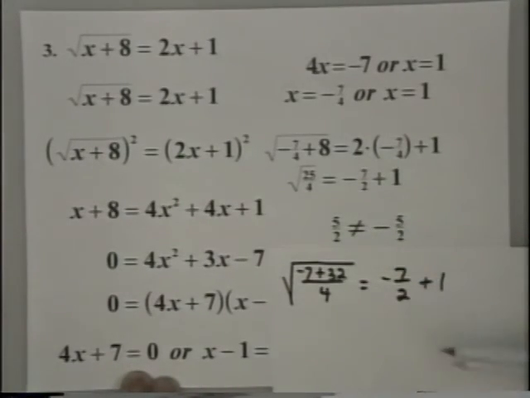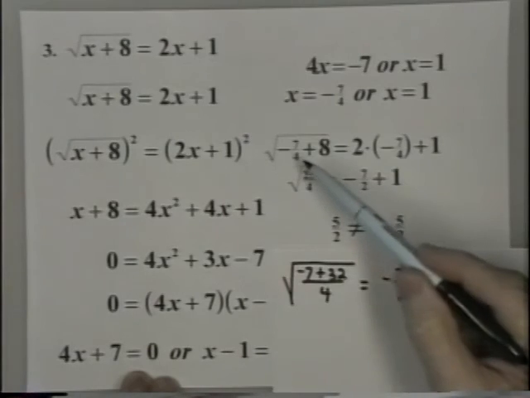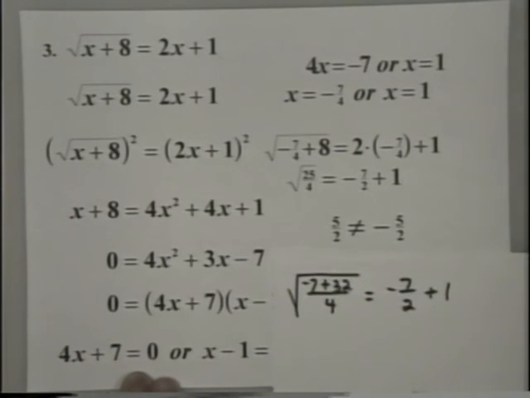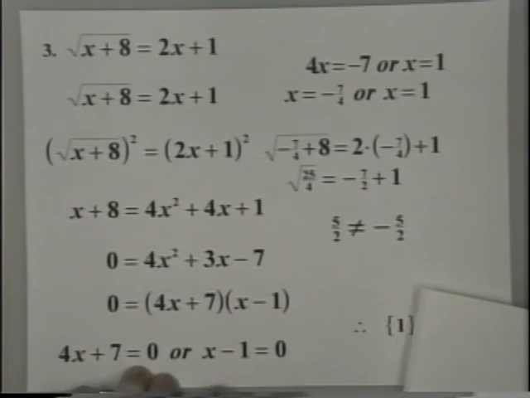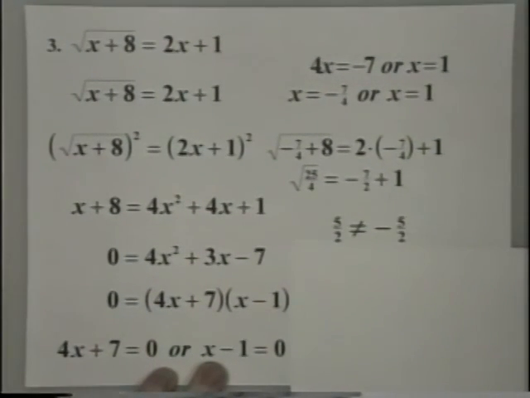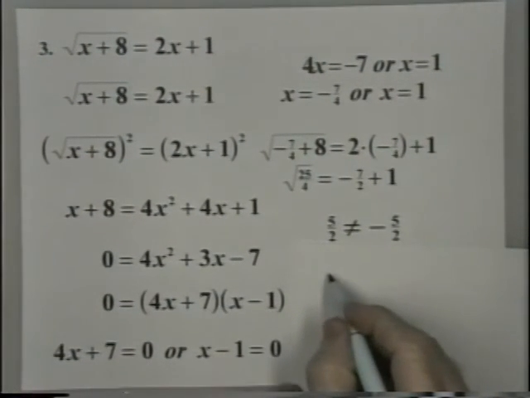So those aren't equal to each other. So that means then that negative 7/4 is not a solution. How about the other one? Take 1 and substitute it into the original equation.